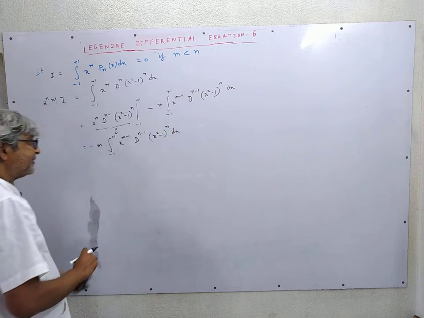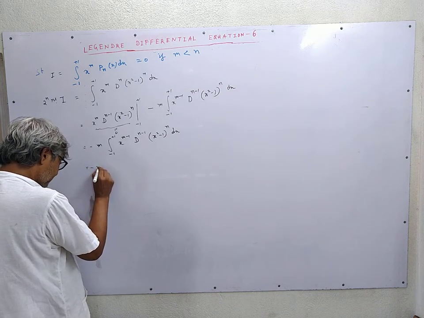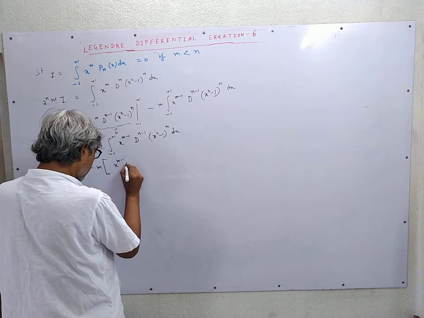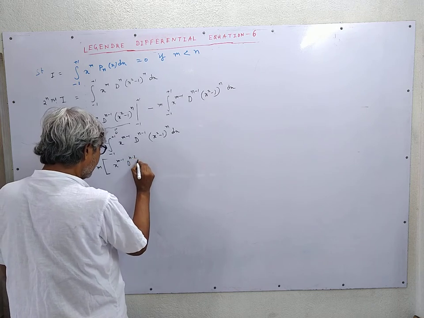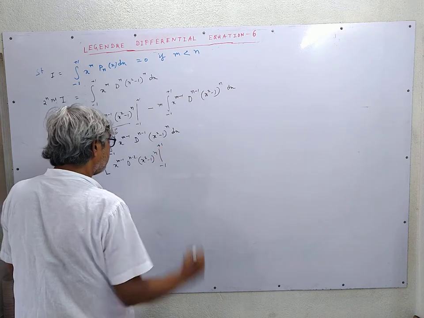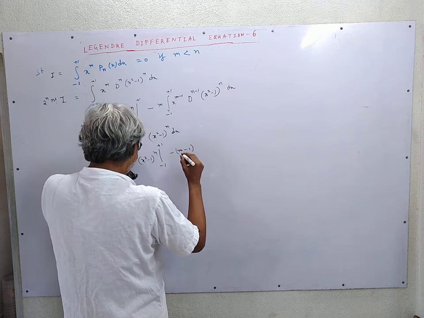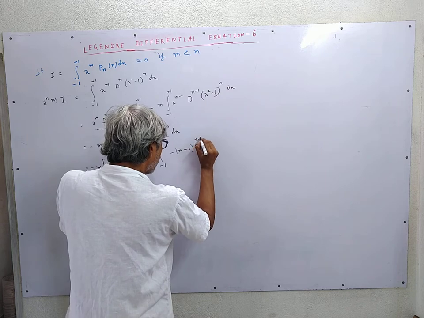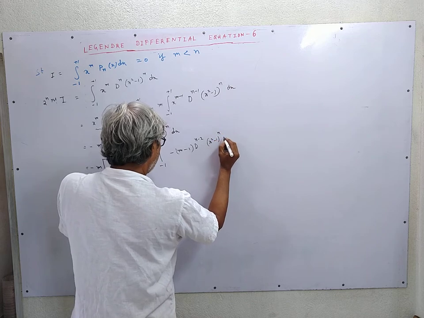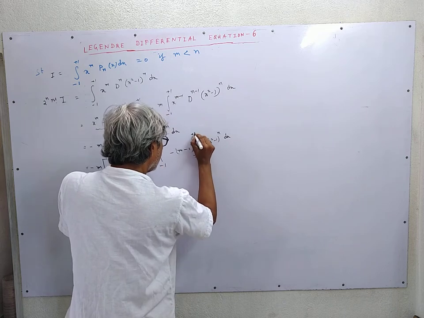If we again integrate by parts, then we will have minus m, then this part x to the power m minus 1 d^(n-2) (x square minus 1)^n from -1 to +1, and this differentiation gives you m minus 1, d^(n-2) (x square minus 1)^n dx from -1 to +1.